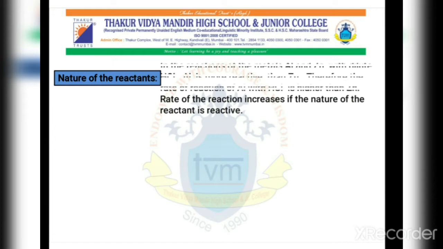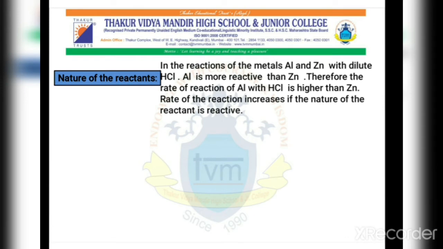For example, in a reaction of metals like aluminium and zinc with dilute hydrochloric acid, aluminium being more reactive than zinc, the rate of reaction of aluminium is higher than that of zinc.